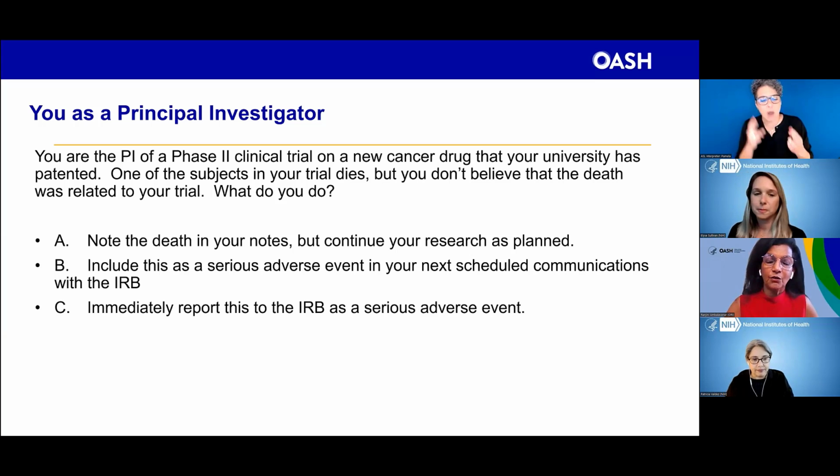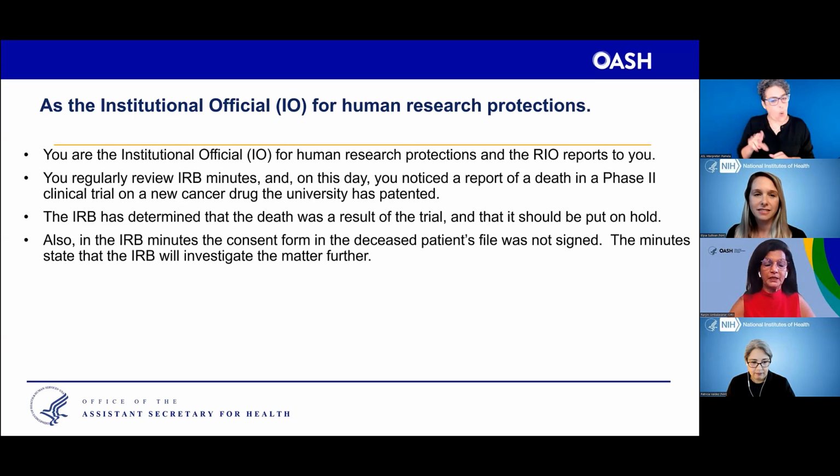Note the death in your notes, of course, but continue your research as planned. I would inform the IRB. And B is include this as a serious adverse event in your next scheduled communications with the IRB. No, without waiting, C is the right answer. It has to be reported right away.